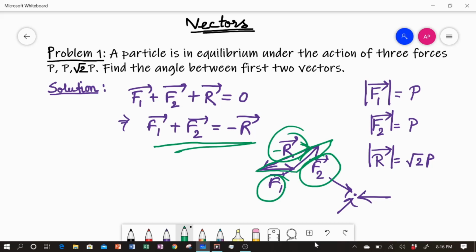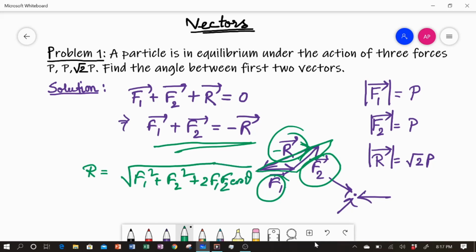So we can write the formula for the resultant as R equals the square root of F1 square plus F2 square plus 2F1F2 cos theta.